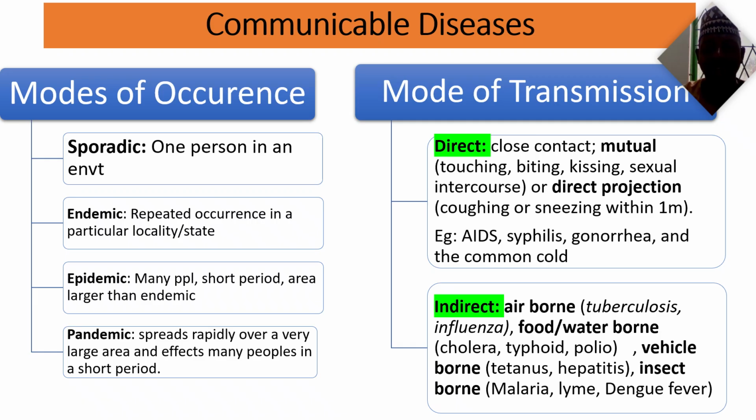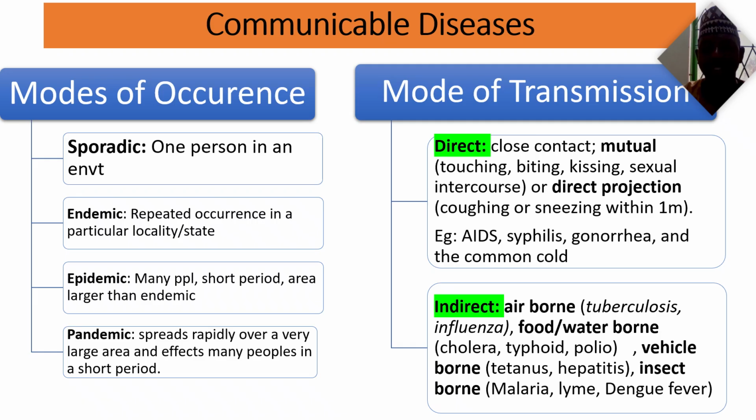Another type of indirect transmission is vehicle-borne transmission. Vehicle-borne transmission involves transmission of the pathogen by contaminated non-living materials in the environment.